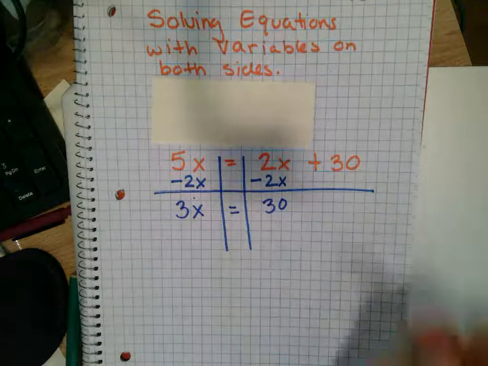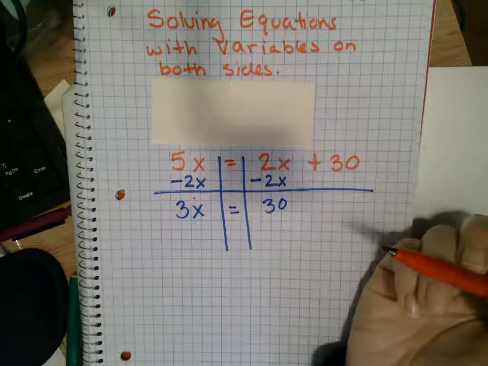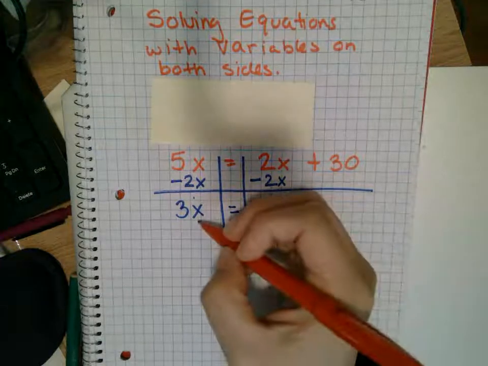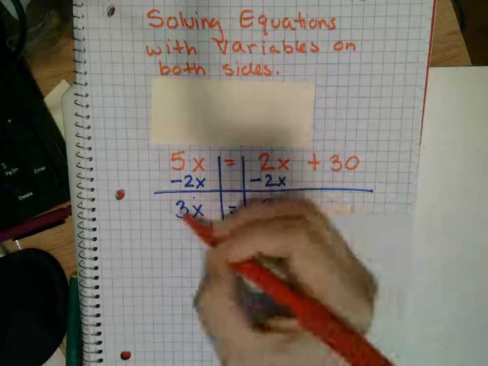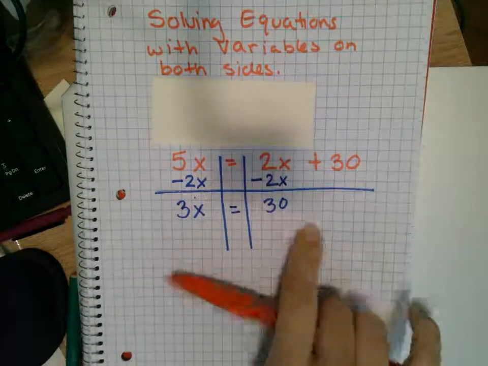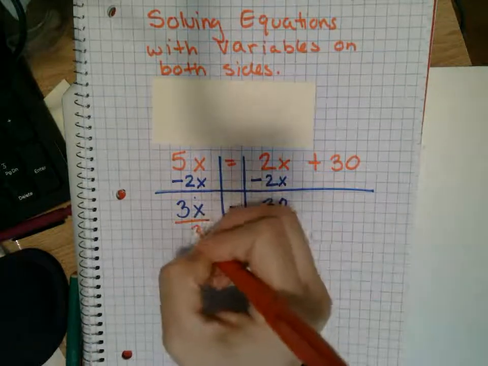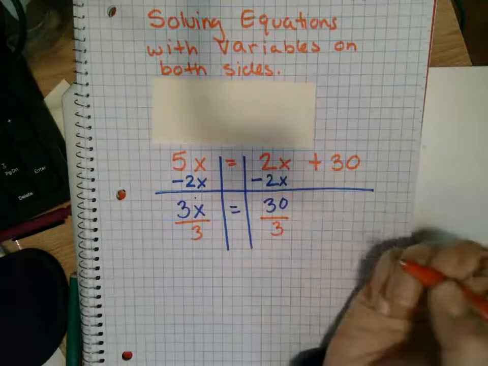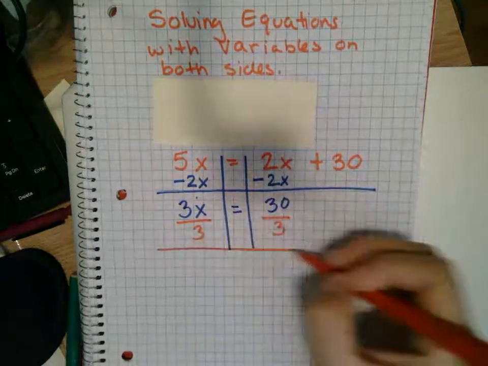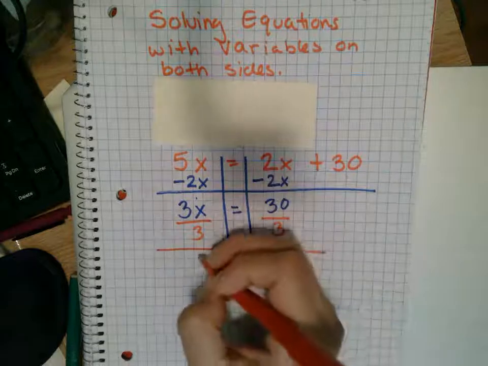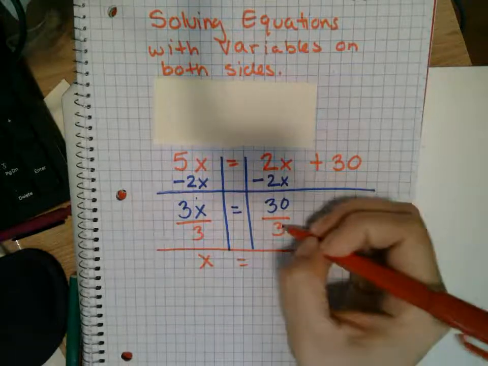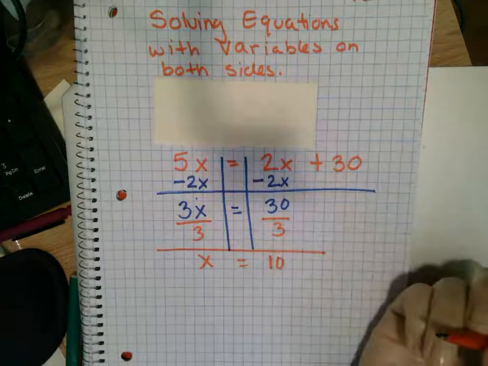So now we're left with the one-step equation, which we are all familiar with. Now we get x by itself. Since x is now the only thing on this line, we're going to divide by 3, right? We want to get x by itself. So this eliminates, we're left with x equals 30 divided by 3 is 10.